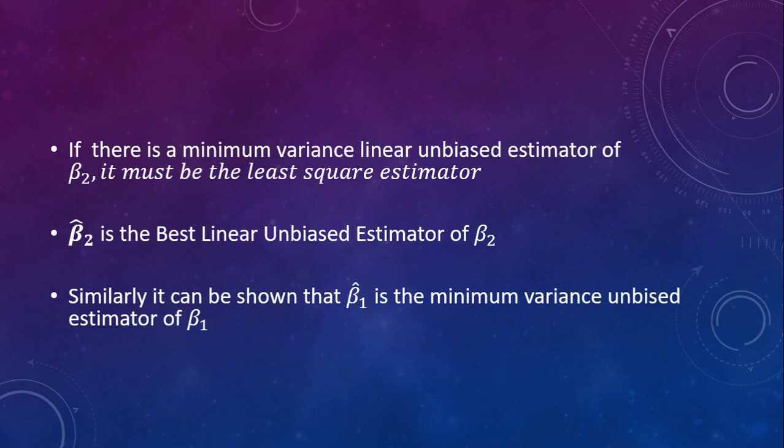Similarly, it can be shown that beta 1 hat is the minimum variance unbiased estimator of beta 1. So we can show that both beta 1 hat and beta 2 hat are best linear unbiased estimators of beta 1 and beta 2. So we can show that the least square estimators beta 1 hat and beta 2 hat are BLUE. This is the proof of Gauss-Markov theorem.